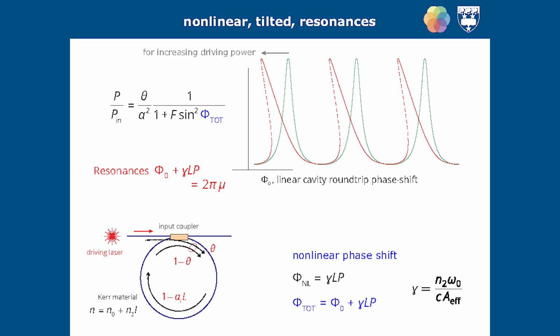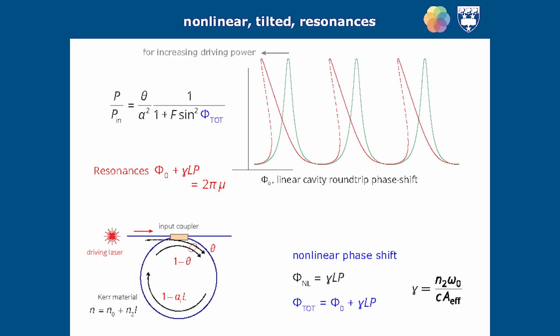And so the nonlinear phase shift is gamma times the length of the round trip, L, times the intracavity power P. And basically what happens in terms of equation is that the equation for the Fabry-Perot, instead of being this function of phi naught, becomes this function of total phase, and the total phase is the phi naught, the linear phase, plus the nonlinear contribution. And the result is that these resonances tilt typically towards the left, because gamma is usually positive.